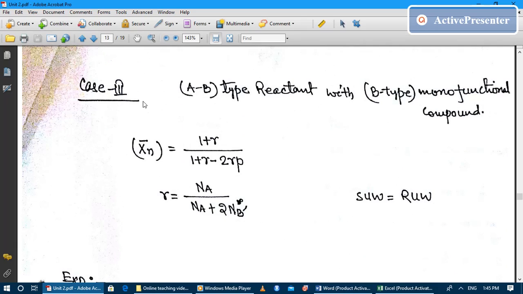And case 3 is the AB type of reactant with B type of monofunctional compound. Again, the formula for Xn bar is the same, (1 + r) over (1 + r - 2rp), and r is Na over Na plus 2Nb dash.